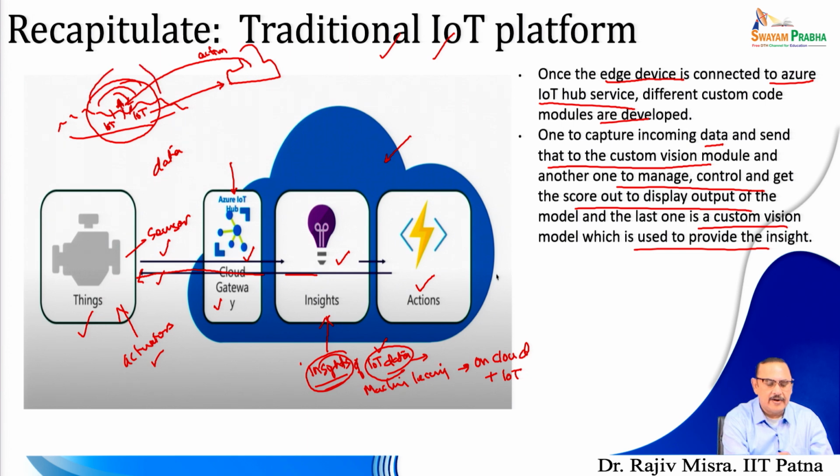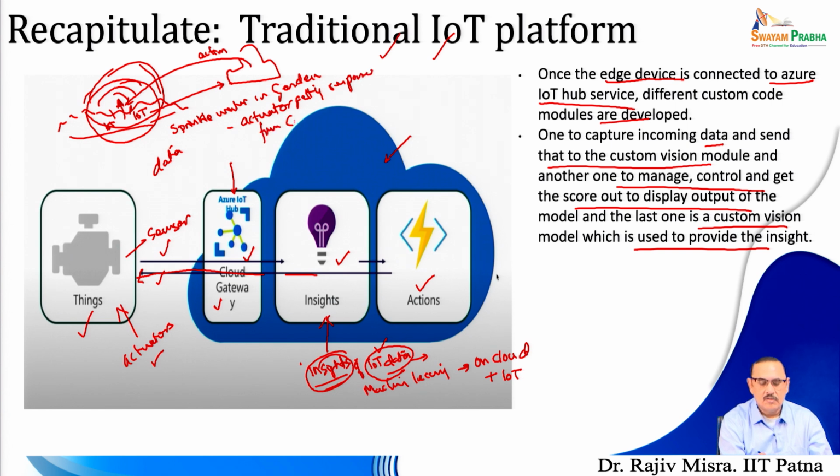So, water will be spread around this area, sprinkling the water in a garden, often seen as an actuator getting the response from the cloud based on insight in the IoT data.